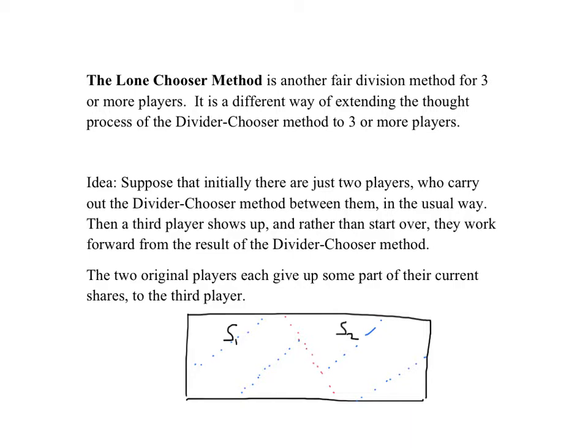And that will enable the 3rd player, the chooser, to come in and select 1 subshare from player number 1 and 1 subshare from player number 2, according to the chooser's own preferences. So at the end of the day, player number 1 is going to end up with 2 of his or her own original subshares. Player number 2 will also end up with 2 of his or her own original subshares, and player number 3 will end up with 1 subshare each from each of these 2 original players.